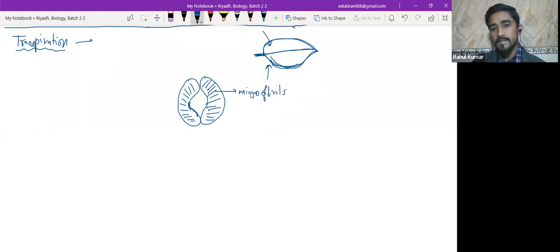The name says that it's small, micro, and they are fiber-like, and they actually control the shape of these guard cells. These two are the guard cells because they are guarding the opening of the stomata.